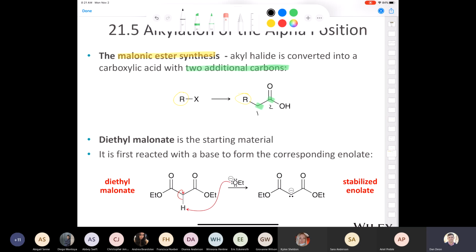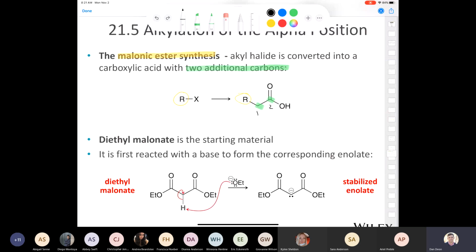And the way that we do that is we start with diethyl malonate, which is this compound right here. You can see that it's just the diethyl ester of malonic acid. Remember, we learned malonic acid way back in chapter 19. So diethyl malonate is the starting material. And first we react that with a base to form the corresponding enolate.